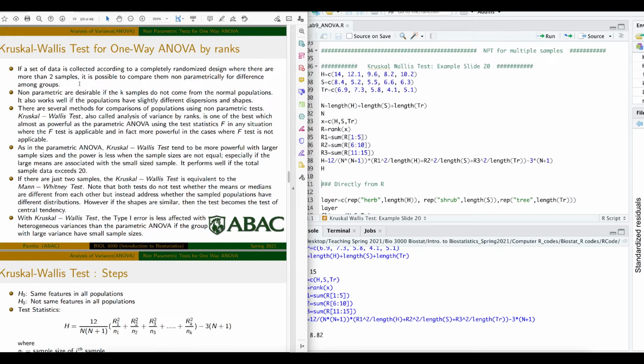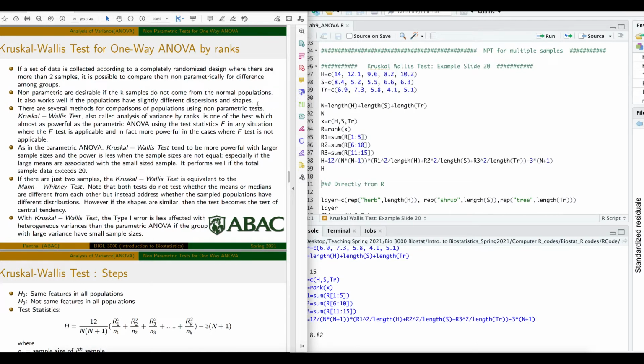If a set of data is collected according to a completely randomized design where there are more than two samples, it is possible to compare them non-parametrically for differences among the groups. Non-parametric tests are desirable if the samples do not come from a normal population. They also work well if the populations have slightly different dispersions and shapes.